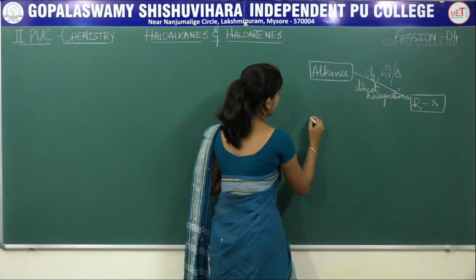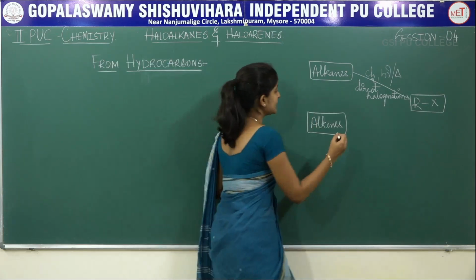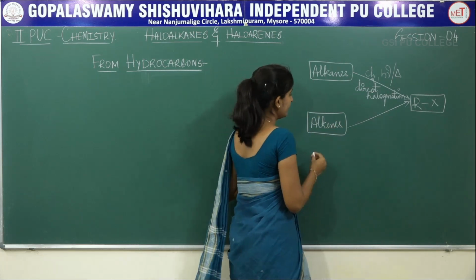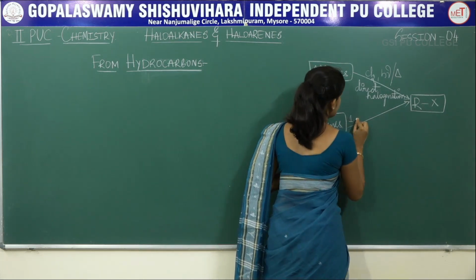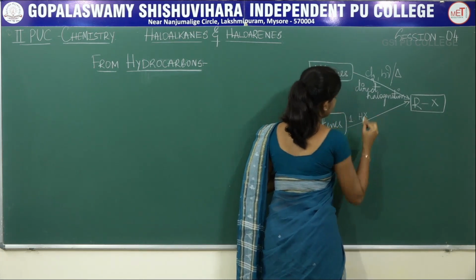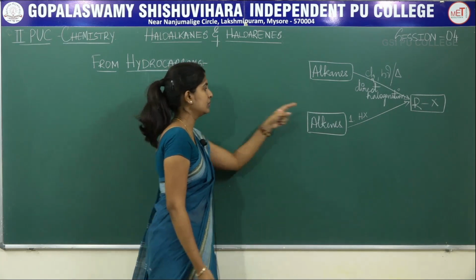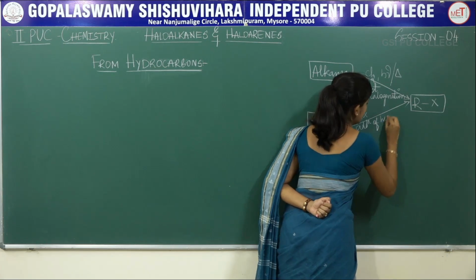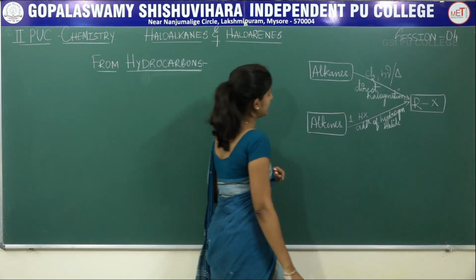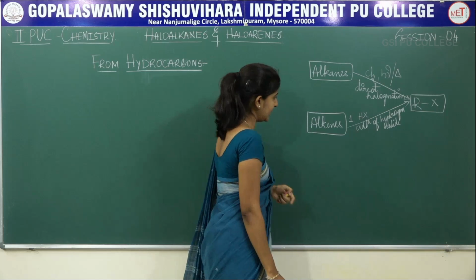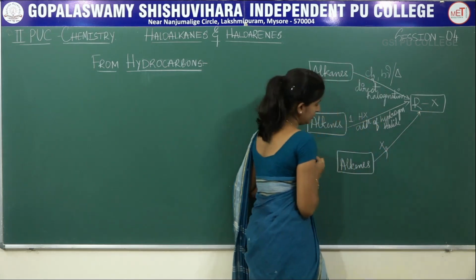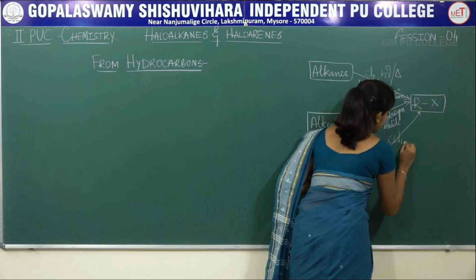The second method is from alkenes. Alkenes have 2 methods of preparation of your haloalkane. The first one would be by reaction with hydrogen halide following Markovnikov's rule. So it's an addition reaction, addition of hydrogen halide. There is another method of preparation of haloalkanes from alkenes itself, that is by addition of dihalogen in presence of CCl4.